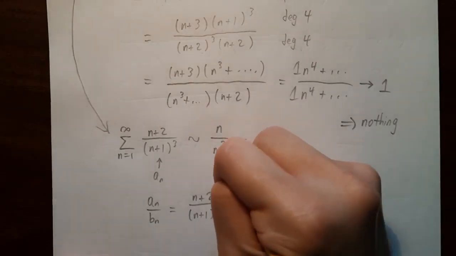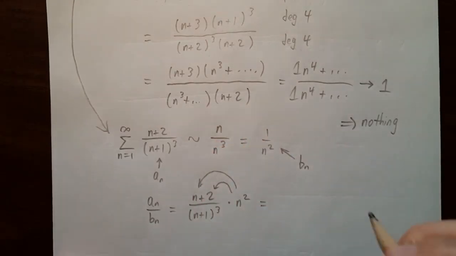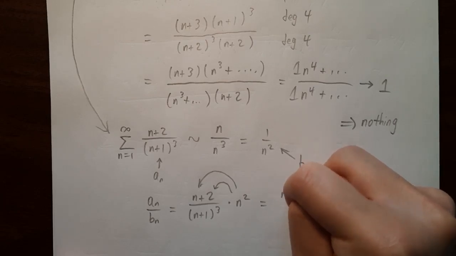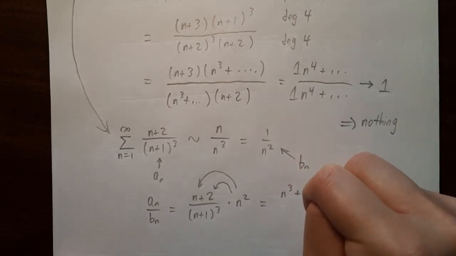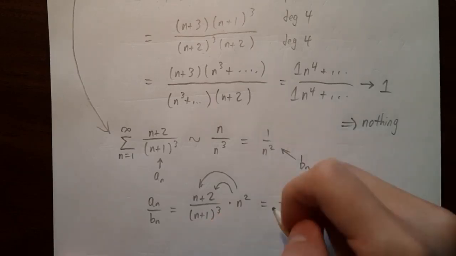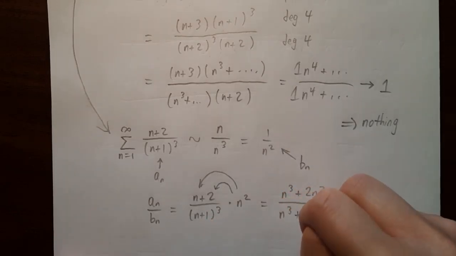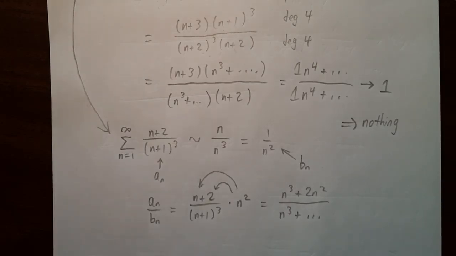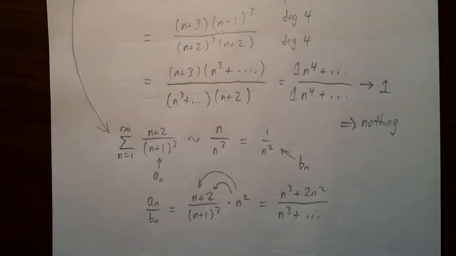So if I multiply the n squared through, I'm going to get n cubed on top plus 2n squared, and on bottom, if I was to pretend to expand it out, I would have n cubed plus a bunch of lower order garbage. Now the limit comparison test says I need to take the limit of whatever this thing is as n goes to infinity.